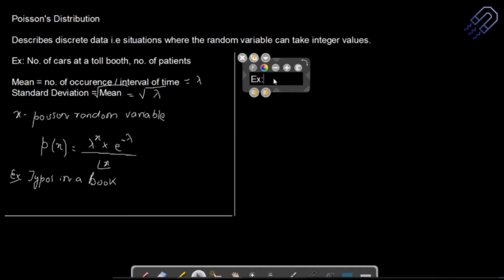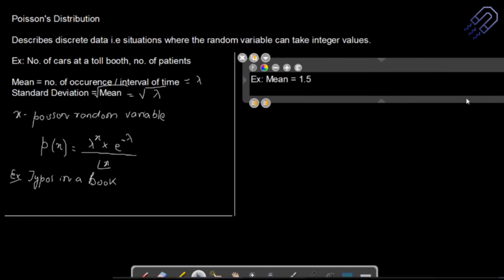Let's take an example. Let's say the mean is given to be 1.5. For a certain result the mean is already provided to you, so that means the lambda value is with you. What we are going to do now is frame the question. Suppose 100 pages are randomly selected.